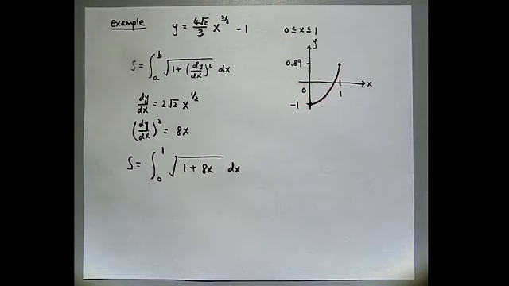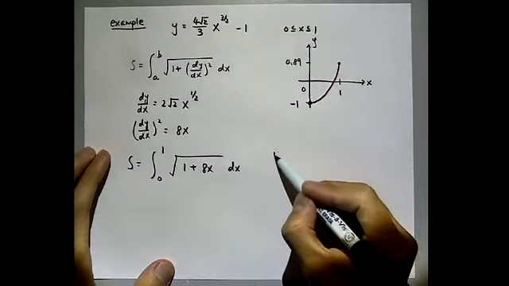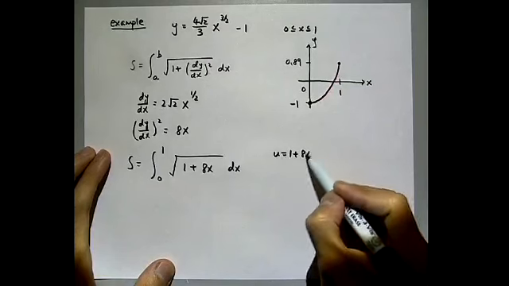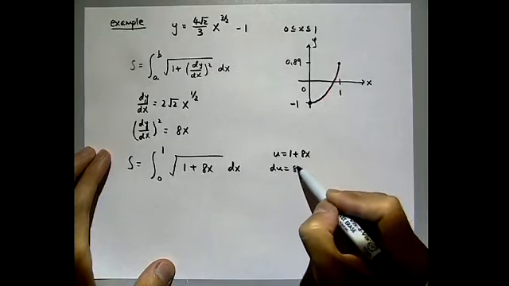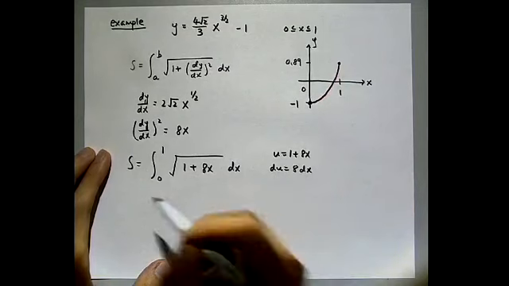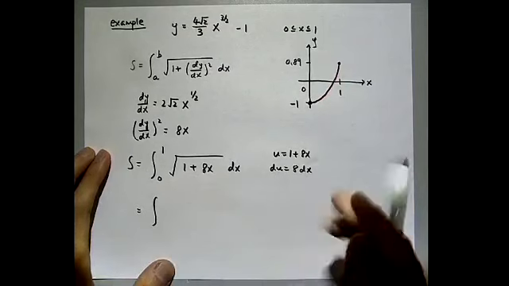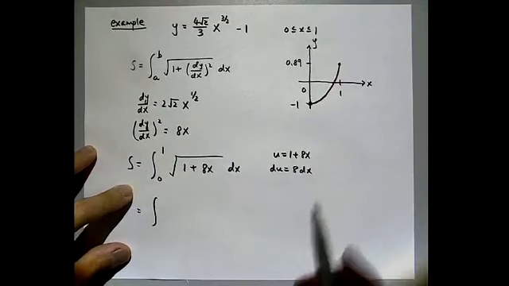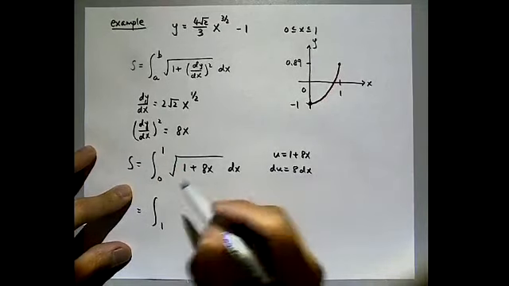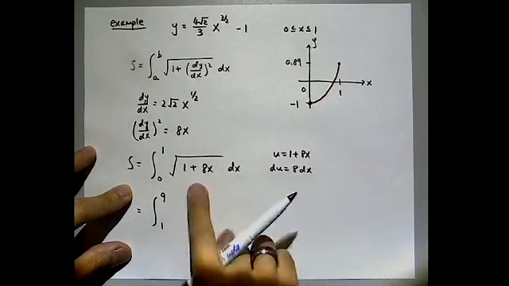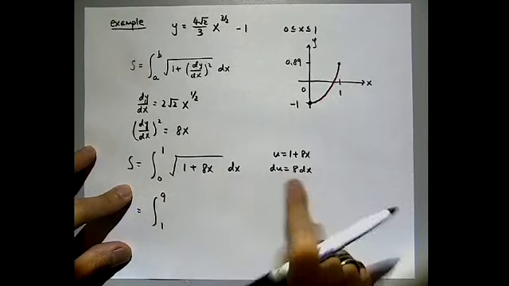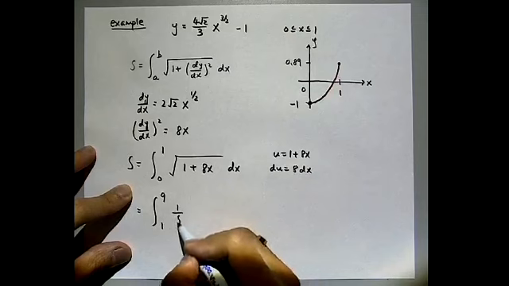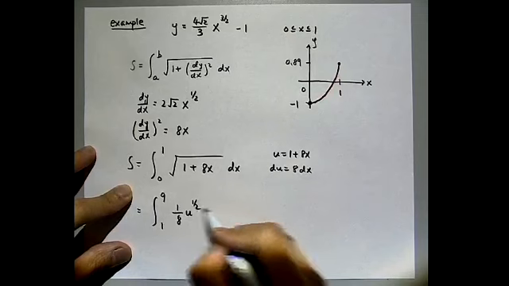Okay? And how would you integrate this? Substitution would be a good one, yeah. And I'm going to do the way where we also change the bounds so we never go back to x. And this will turn into 1/8 u to the 1/2 du.